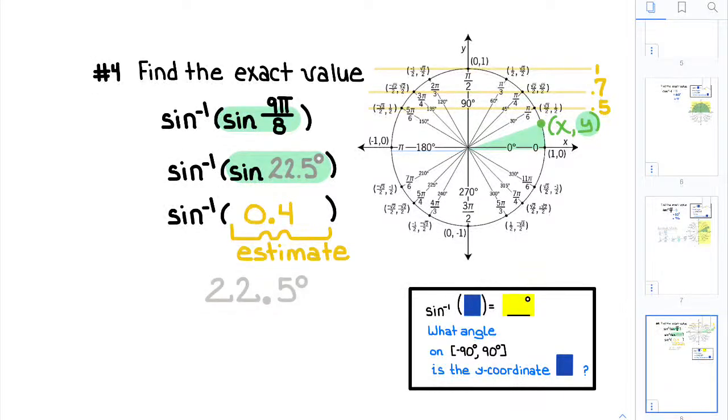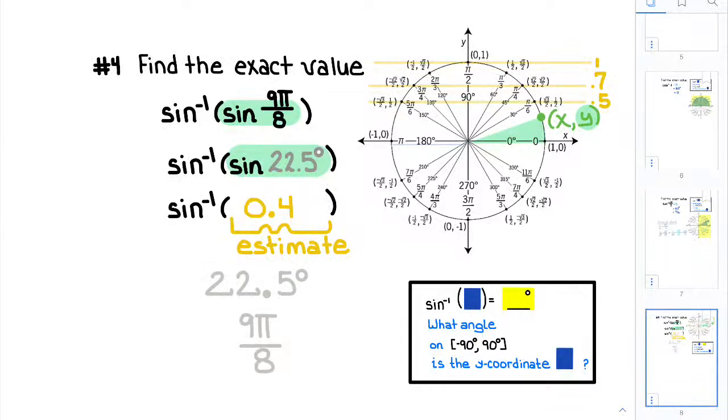So the answer is 22.5 degrees. Remember, we can only look for the answers to inverse sine from negative 90 to 90. And so if we're going to have a y-coordinate of 0.4, that's going to happen at 22.5 degrees. We could call it instead 9 pi over 8. Either one of these answers would be just fine.